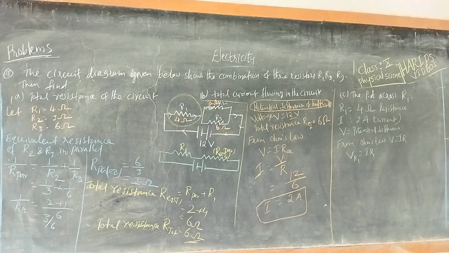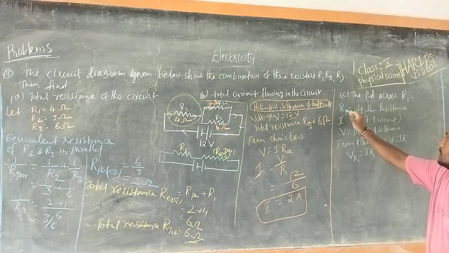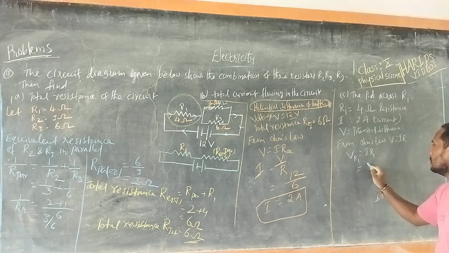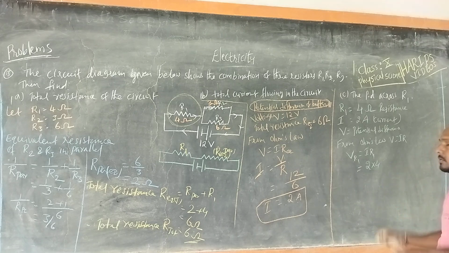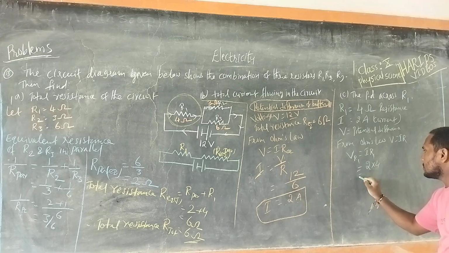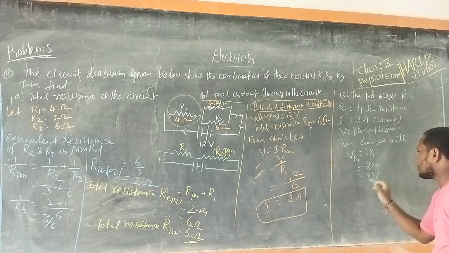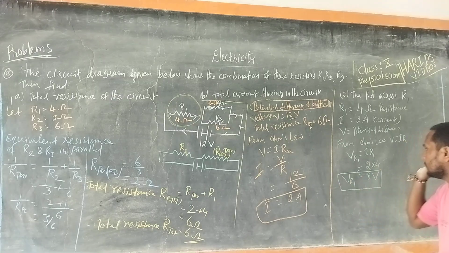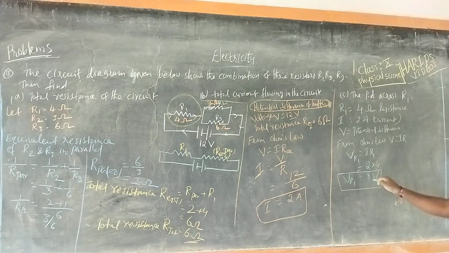R1 is the resistance, I is the current. So that is equal to 2 into 4, which is equal to 8 volts. So the potential difference of resistor R1 is 8 volts.